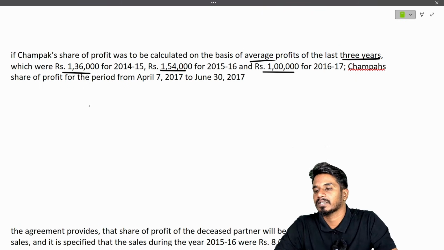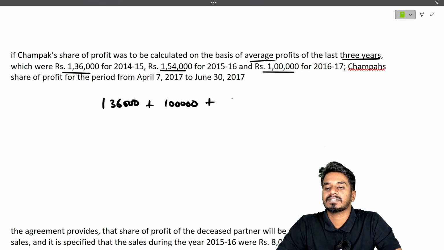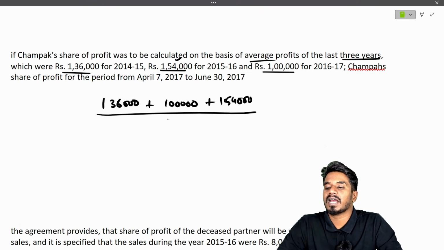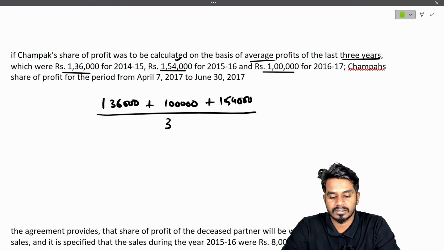Just total it. 1,36,000 plus 1,54,000 plus 1 lakh.